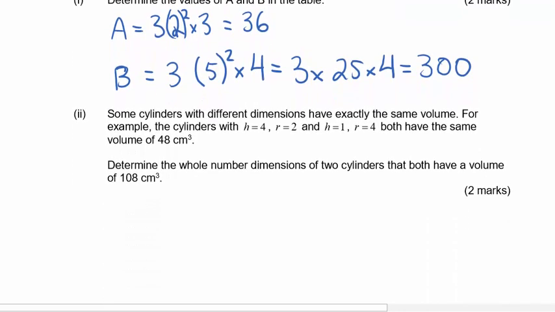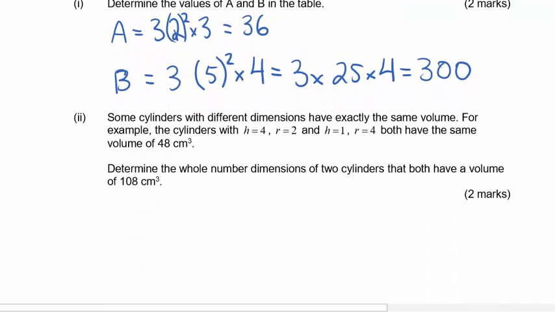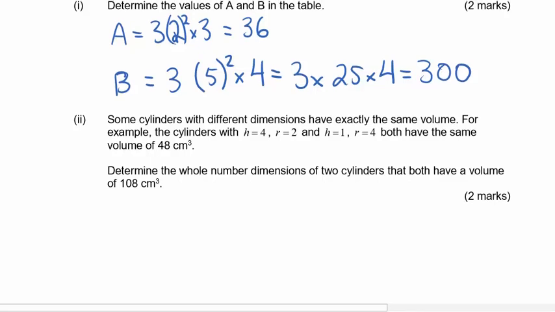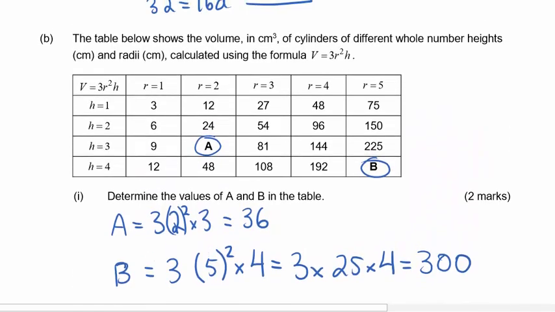Alright, some cylinders with different dimensions have exactly the same volume. For example, cylinders h of 4, r of 2, and h of 1 and r of 4 both have the same volume of 48 centimetres cubed. Determine the whole number dimensions of 2 cylinders that both have the volume of 108.